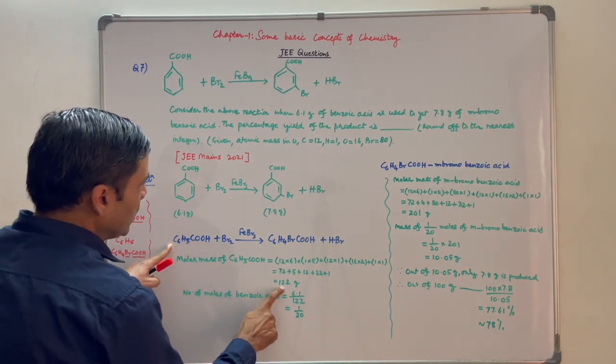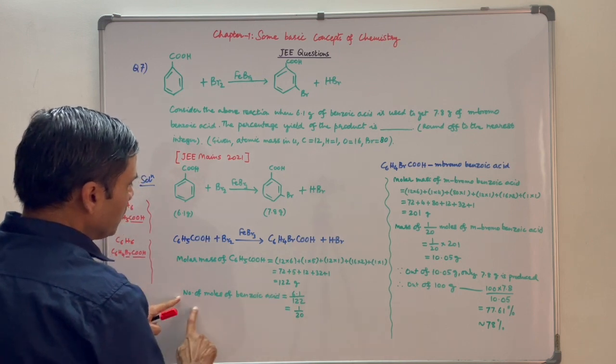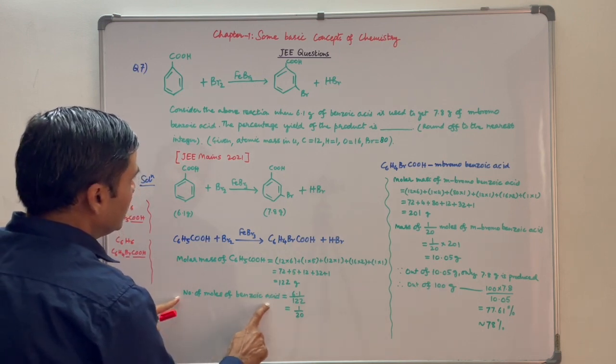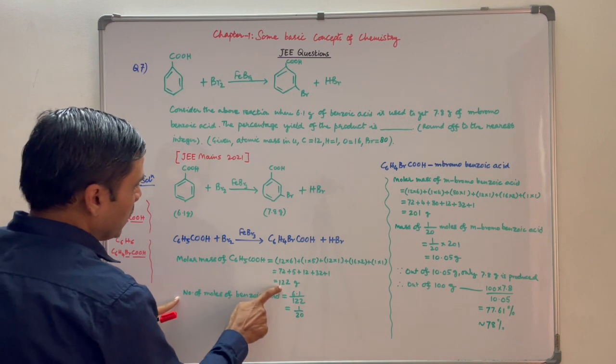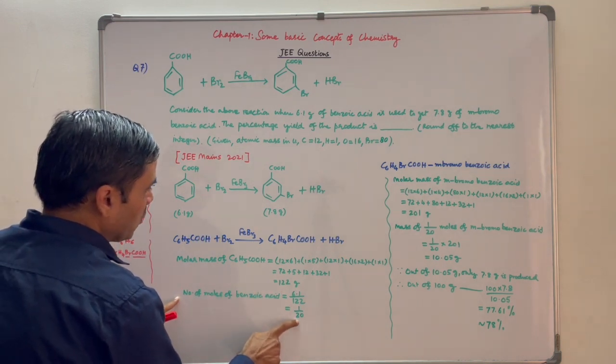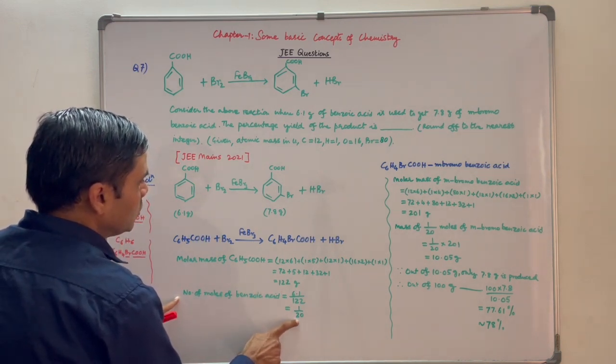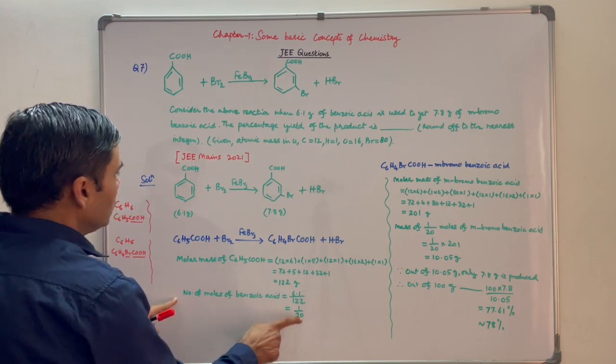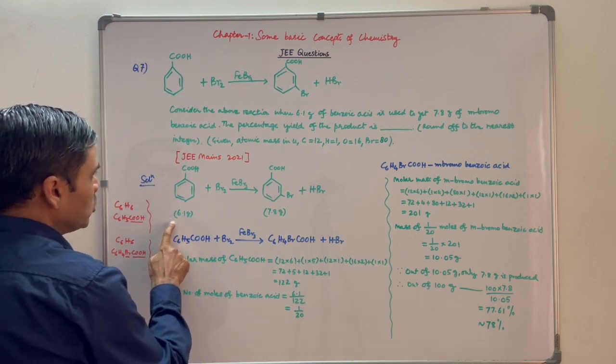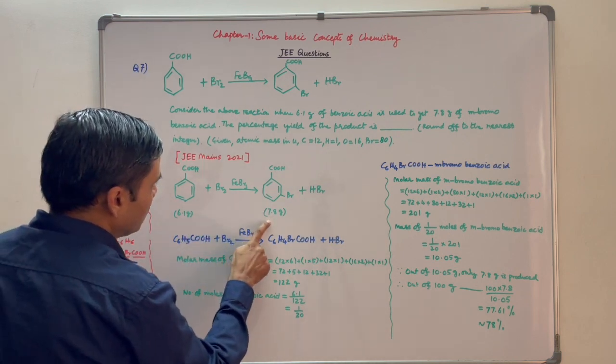That will be 122 gram. So number of moles of benzoic acid will be 6.1 upon 122. That will be 0.05 moles. So 0.05 moles should produce 0.05 moles of M-bromo-benzoic acid.